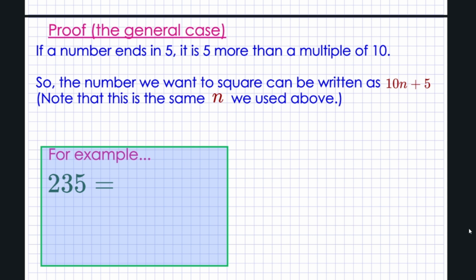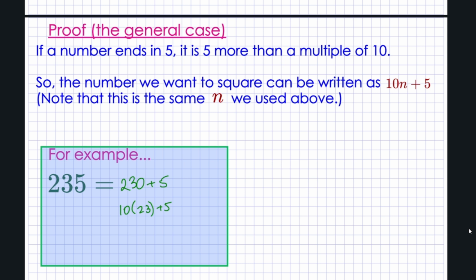So earlier we used the number 235, and I'm just going to use this example to show you what I mean, but it's not part of the proof. So 235 can be expressed as 230 plus 5. And the 230 is better written as 10 times 23 plus 5.